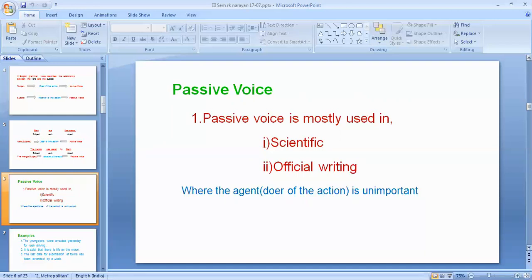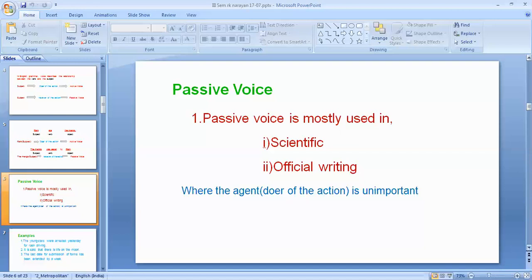And the next thing is that in official writings, when people write official, formal language, in that situation also, the result, the outcome, the final thing is more important than the doer of the action, because the result, the process, the method is more important than the doer.